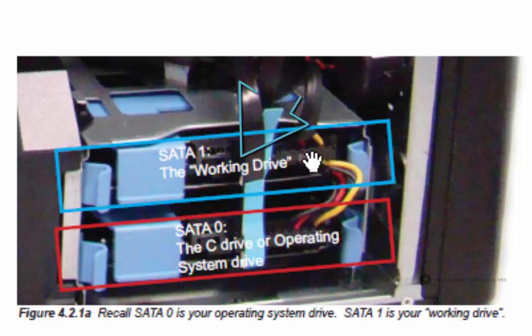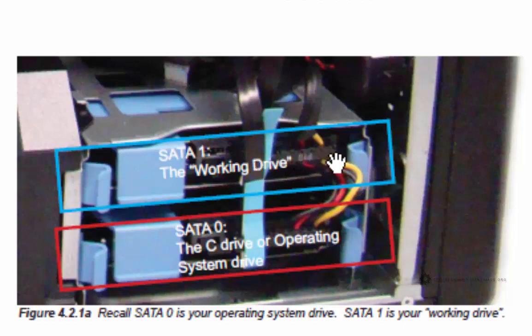The drive right above it is SATA 1, and this is called our working drive. This is where all of our data or works in progress that we're currently doing for the semester would be located. We put it on this drive because it is an internal drive, meaning it's going to be a lot faster than an external drive.